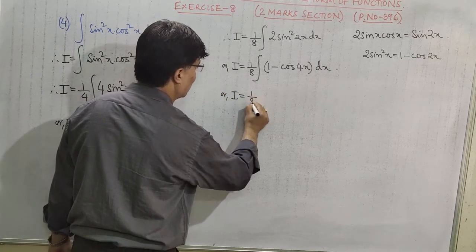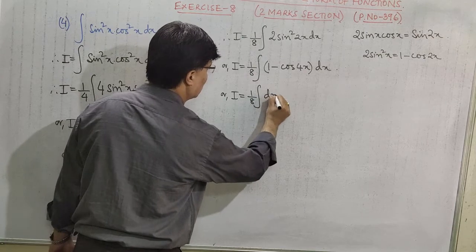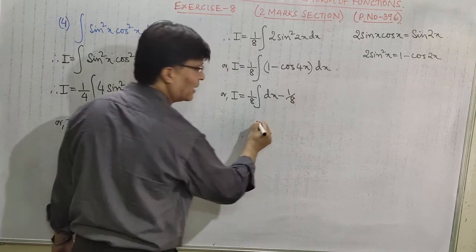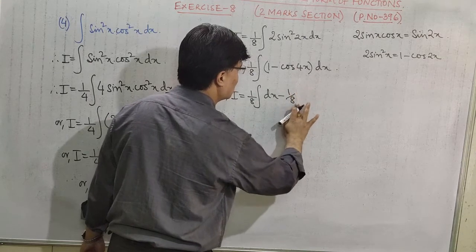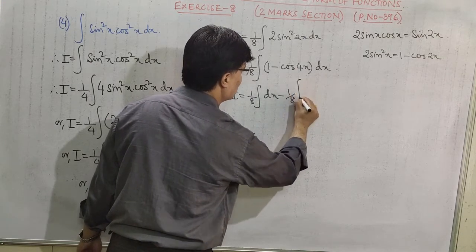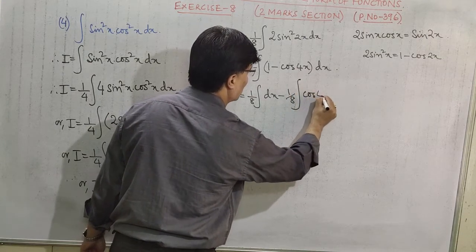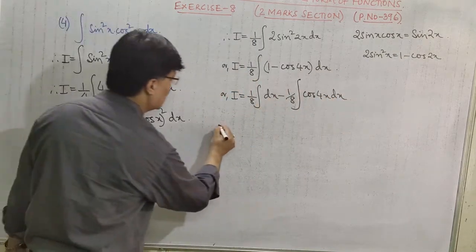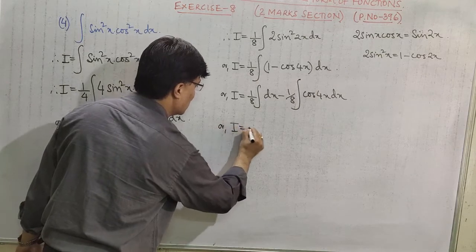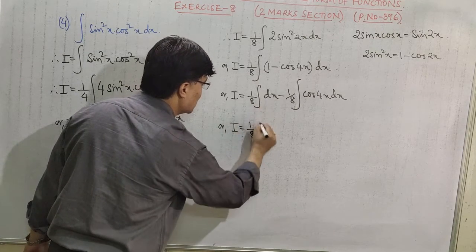I is equal to 1/8 integration of dx minus 1/8 integration of cos 4x dx, right? So, I is equal to 1/8 into, what is integral dx?